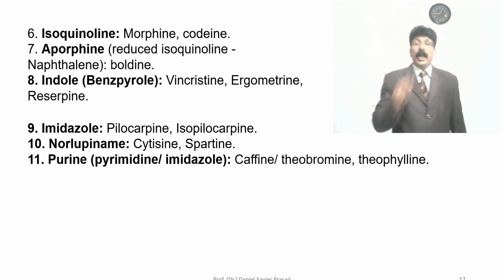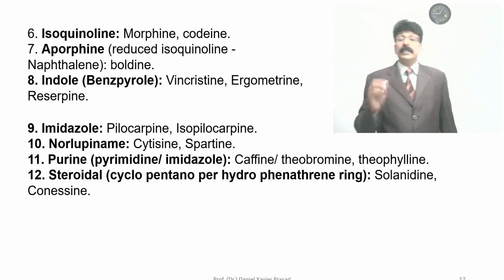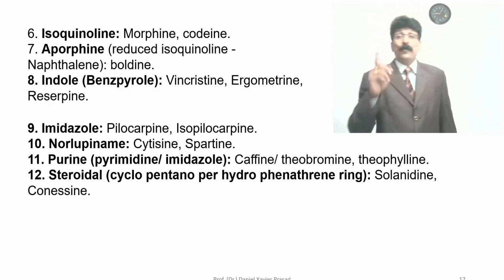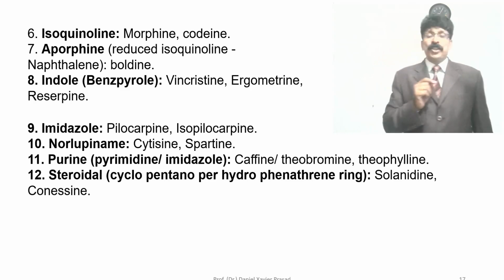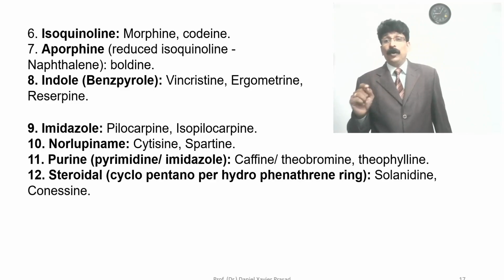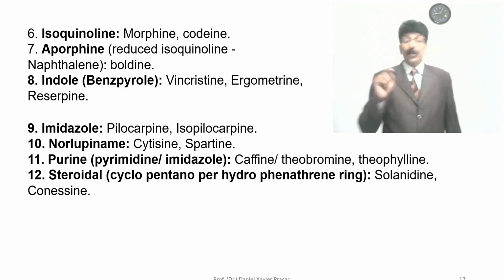And purine, for example, you can say caffeine, theophylline, theobromine. They all come in that category, but they will not give you the chemical reactions of reacting with the iodide salts. Steroidal alkaloids have a cyclopentano perhydrophenanthrene ring structure, solanidine and conessine are examples.